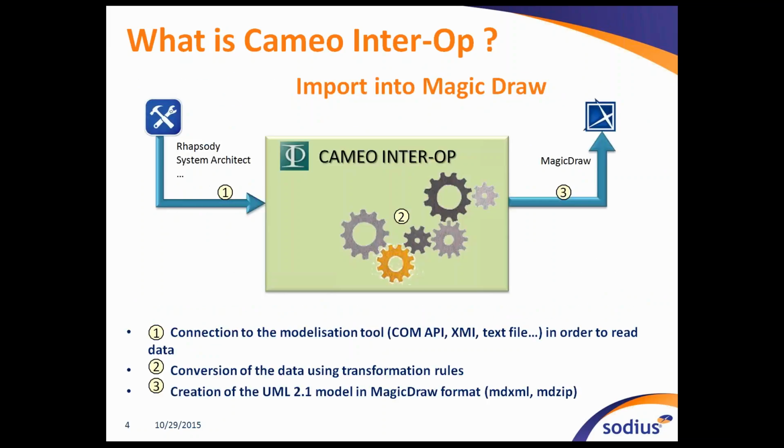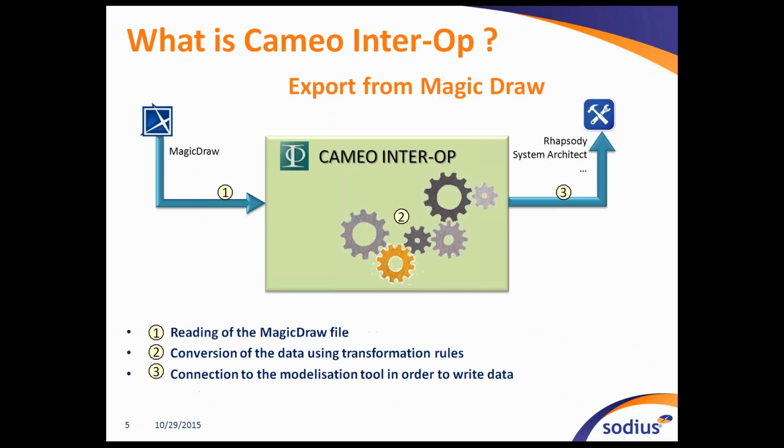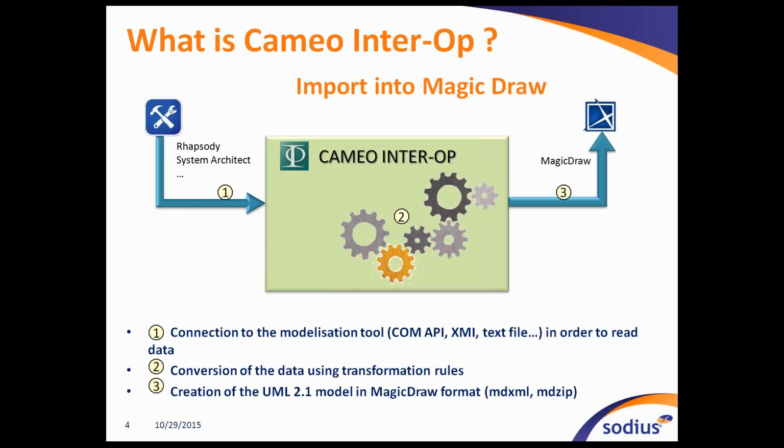So what is exactly Cameo Inter Op? You can do import into MagicDraw, and you can export from MagicDraw. Concerning import into MagicDraw, we can see Cameo Inter Op like an engine, and it connects to the modeling tool using the COM API, using some XML file, or using some text file from the source tool, in order to read data.